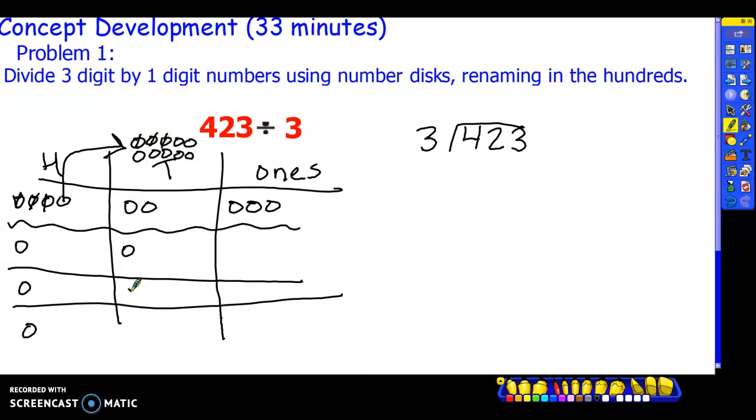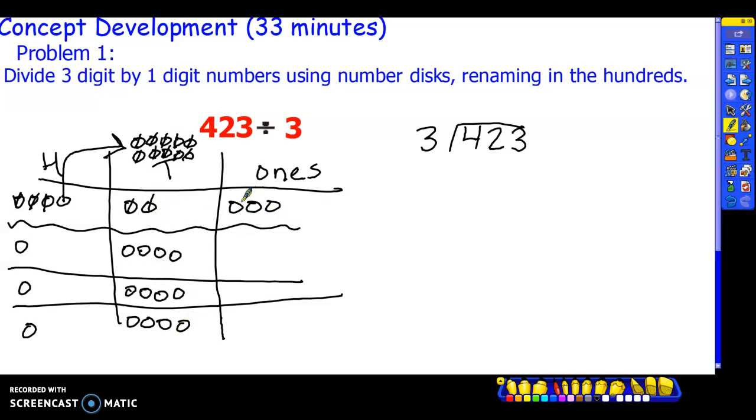I distribute the tens into the groups, 4 in each. And that should make sense because 3 times 4 gets me 12.